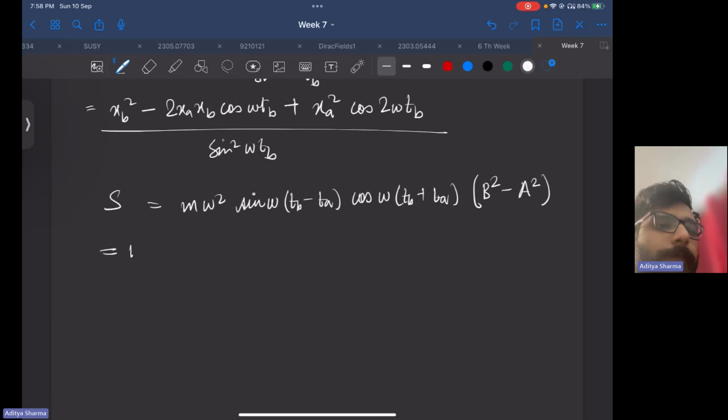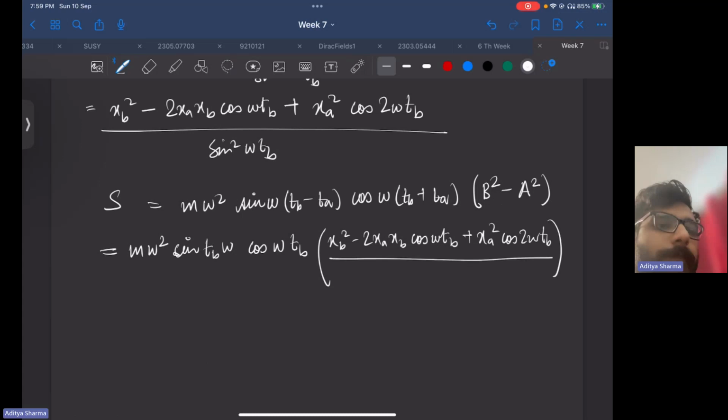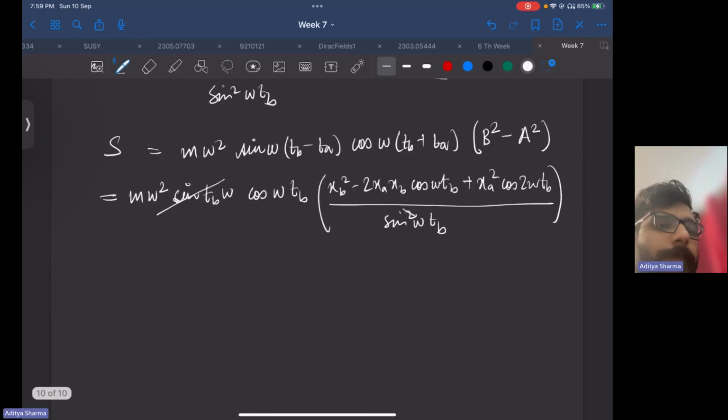This is going to be omega square t we put it to 0, sin omega tb cos omega tb, b square minus a square is xb square minus 2x xb cos omega tb plus x square plus 2 omega tb by sin omega tb square. So this cancels with this.